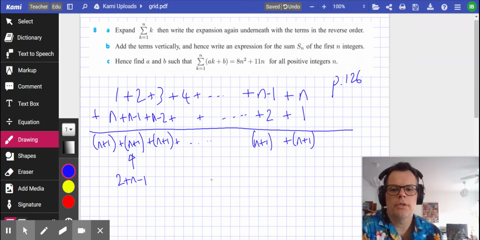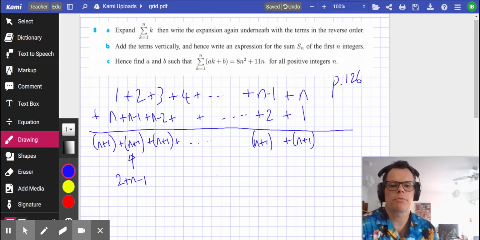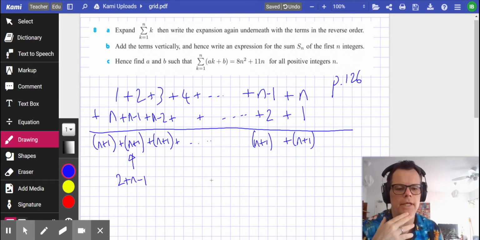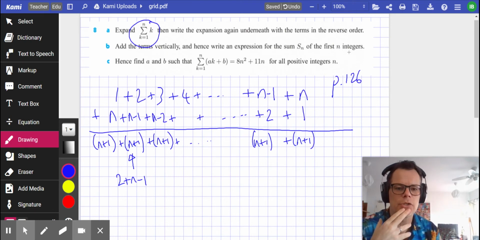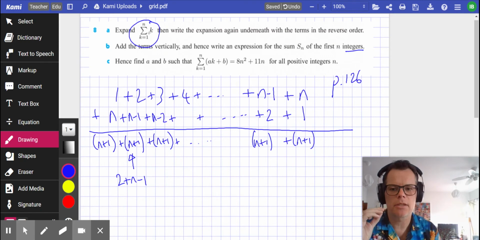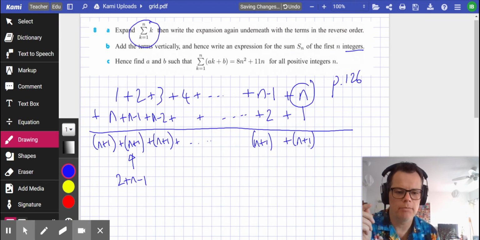It says add the terms vertically and hence write an expression for the sum Sn of the first n integers. Integers meaning positive whole numbers. So that is the sum of the first n terms, but we've got the same thing written twice. With the same thing written twice, how many n plus 1s have we got? Here we've got n lots of them, and they're n plus 1s.